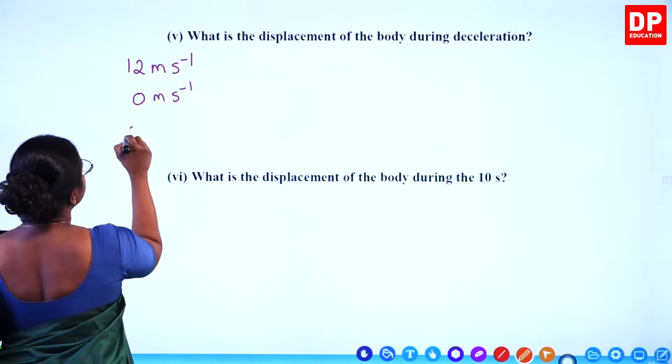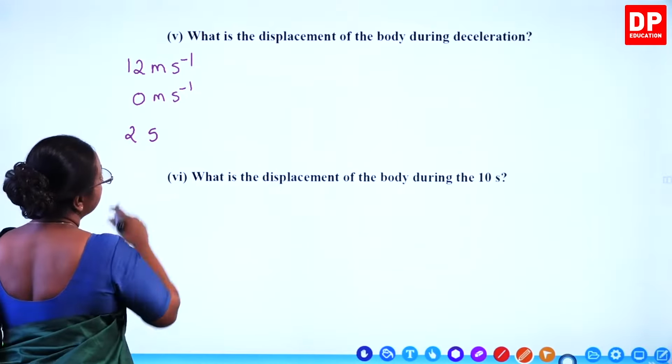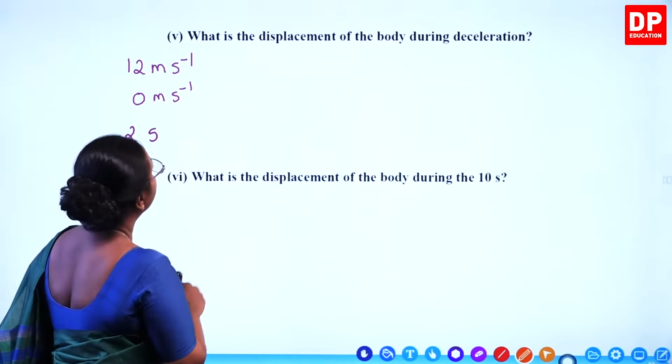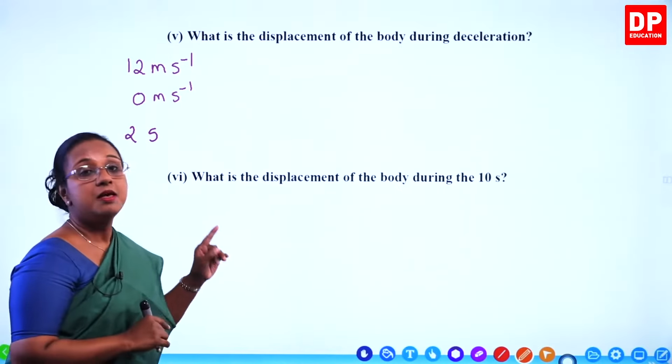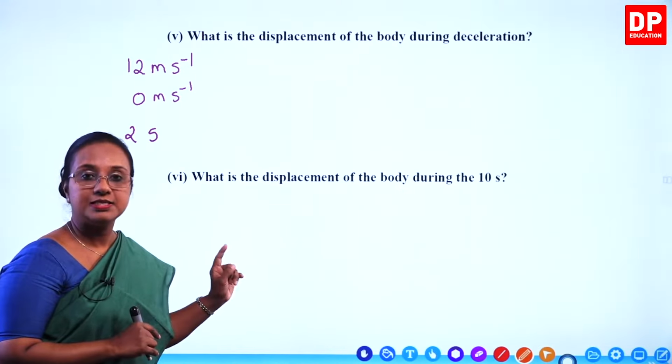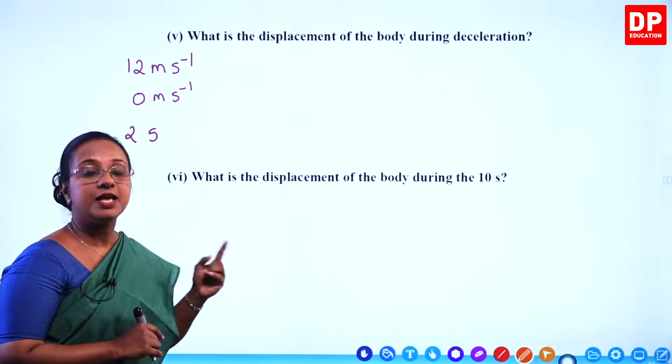So time is 2 seconds. Using these, if we calculate the displacement, again we need to calculate the mean velocity, because here again the velocity is decreasing.